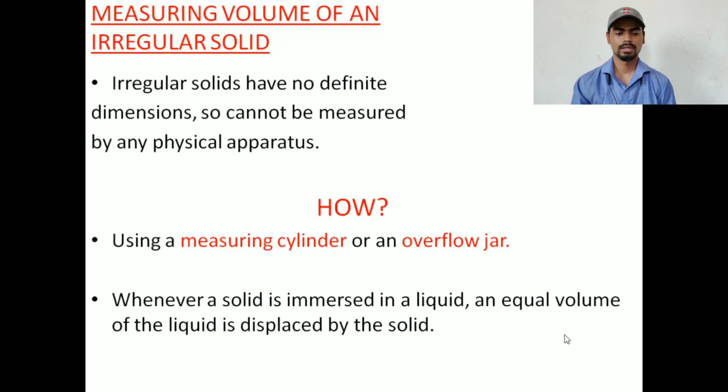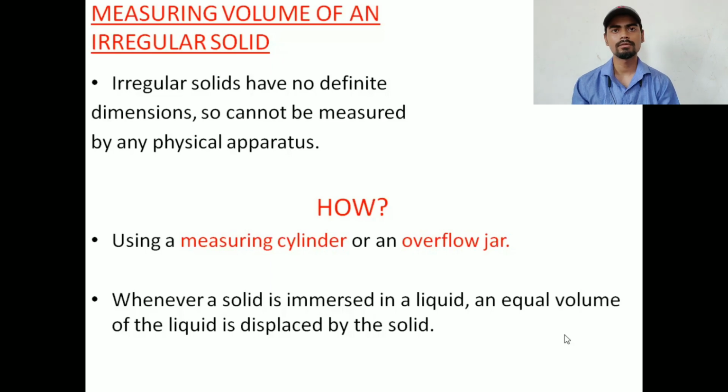Whenever a solid is immersed in a liquid, an equal volume of the liquid is displaced by the solid. To understand this, let us assume a small swimming pool, and one small fellow jumps inside it. Only a small amount of water will be displaced, or overflowed, by his body.